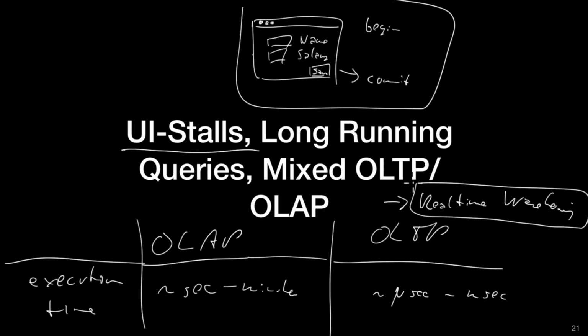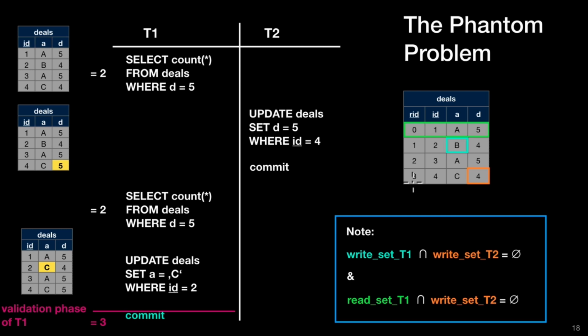So again, keep in mind, there are multiple checks you have to perform. Basically, it boils down to performing these set intersections of write set versus write set. The write set of the transaction that wants to commit is intersected with the write sets of transactions that committed while T1 was running. And this may be any other transaction running concurrently that committed. Here it's only one.